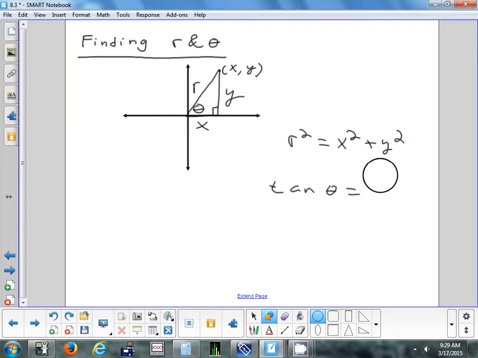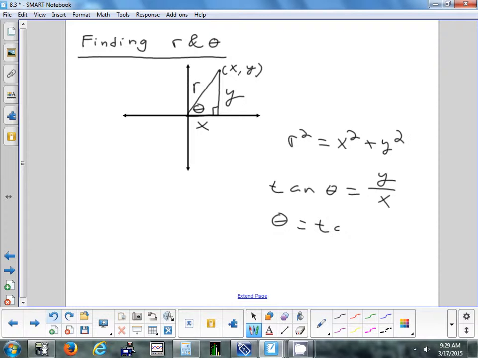And so, Silvio, how would you get theta by itself? You take the inverse tangent. Yeah. Inverse tangent of y over x. Now, inverse tangent is always going to give you an answer between negative 90 and 90. So that's going to work fine for quadrants 1 and 4. For 2 and 3, we're going to have to make an adjustment because you'd never get an answer that's in quadrants 2 or 3 with that formula.